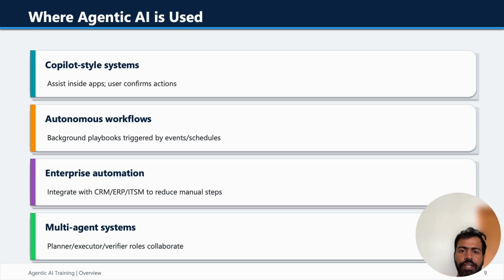Enterprise automation connects agents to business systems like CRM, ERP, or ITSM. Multi-agent systems split roles so one agent plans, one executes, and one verifies. So, a good adoption strategy is to start small, measure impact, and scale with guardrails.